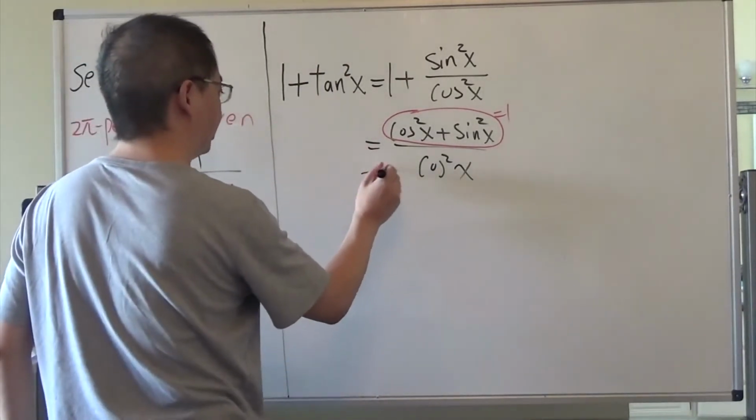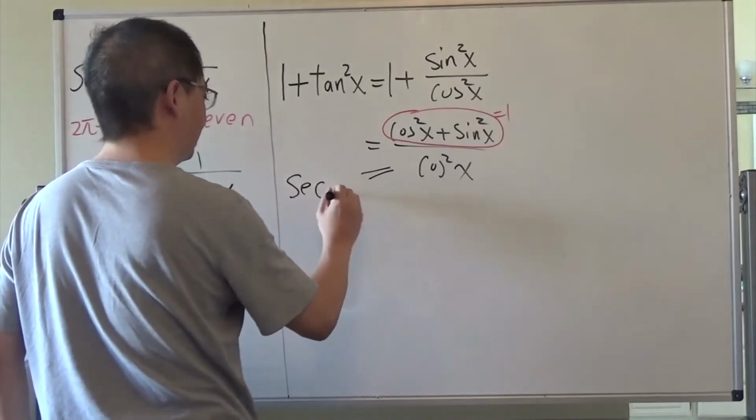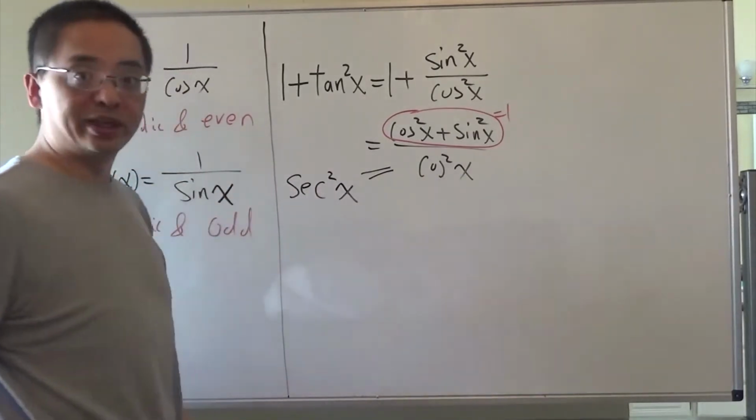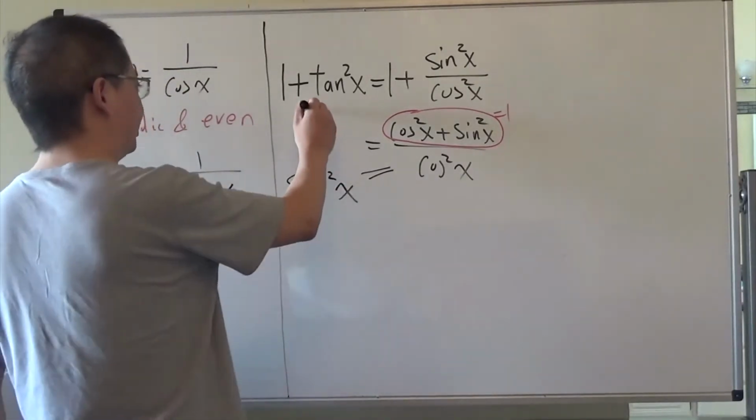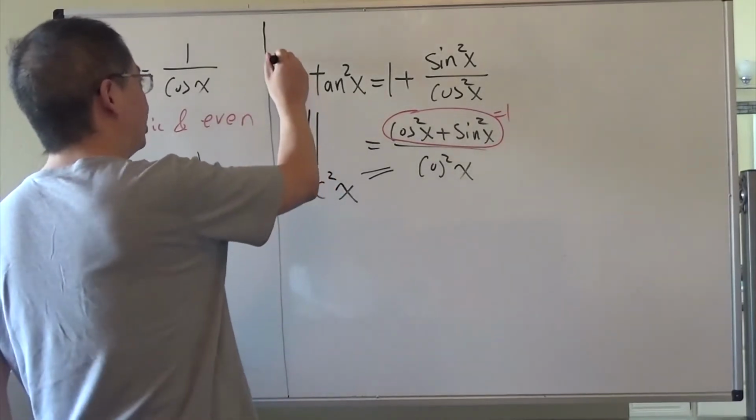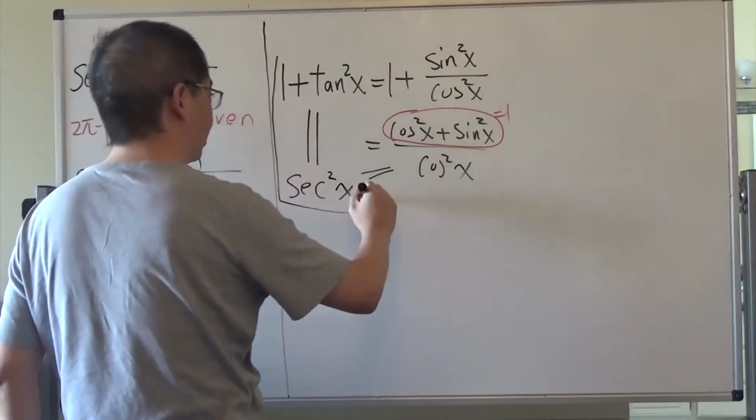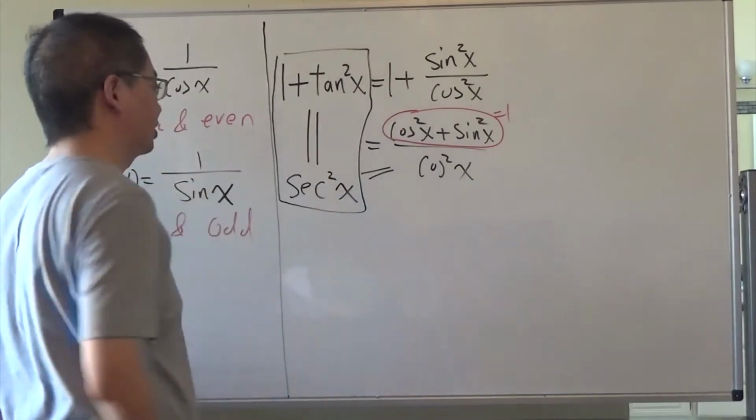Therefore, this equals secant x squared, and we derive a trigonometric identity: 1 plus tangent x squared equals secant x squared.